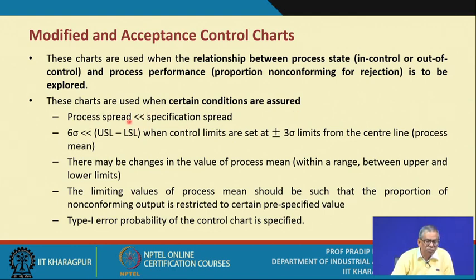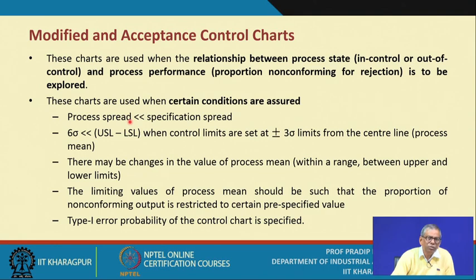So what is a process spread? Process spread is basically the distance between the upper natural tolerance limit and the lower natural tolerance limit.